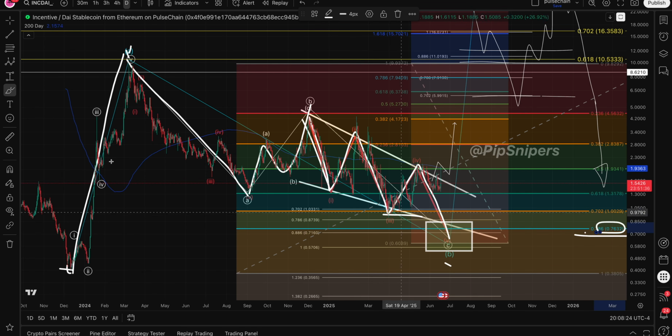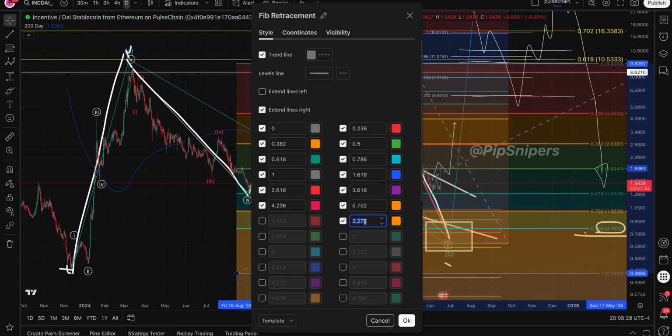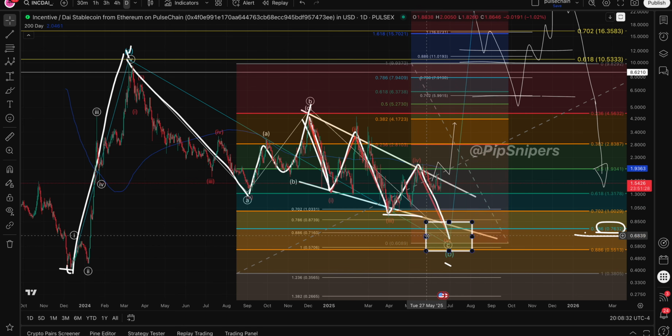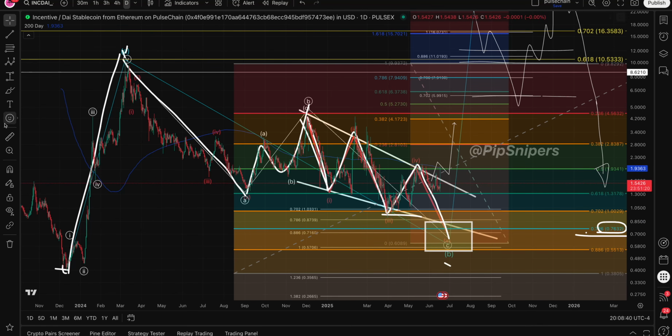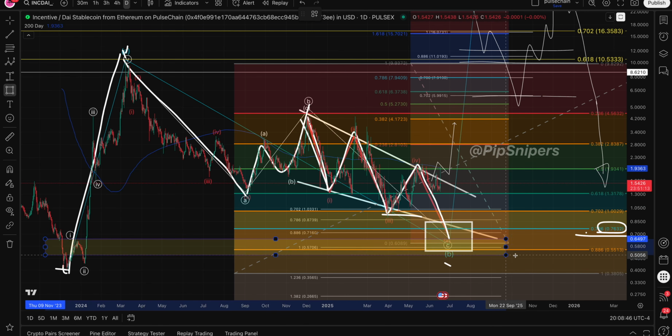towards 76 cent. Worst case, absolute worst case scenario, it comes down to the 88.6% fib at 55 cent. That wouldn't be considered bearish on the macro, because you'd just be tapping into this wave 1 high formed in December 2023.